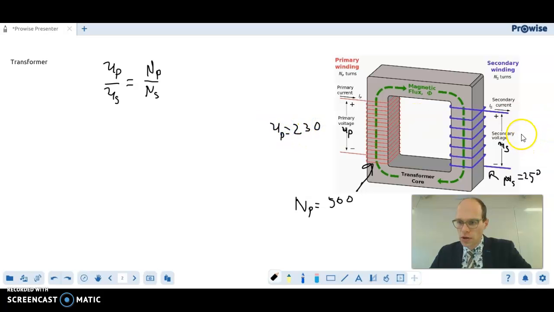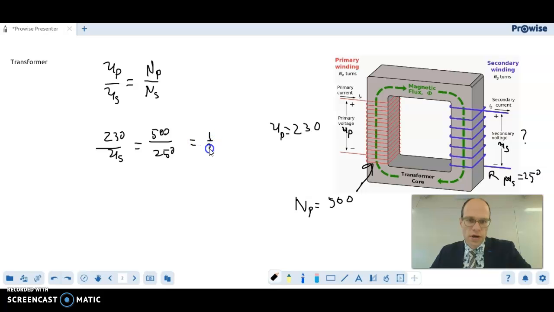Then what comes out of it? Okay, well, we have this formula, we fill it in: 230 divided by what comes out is equal to 500 divided by 250. So that is 2.